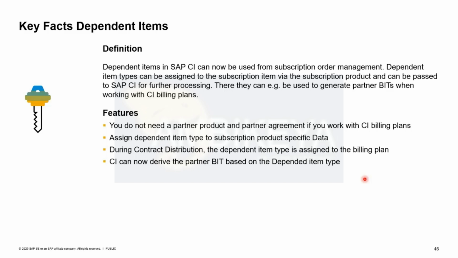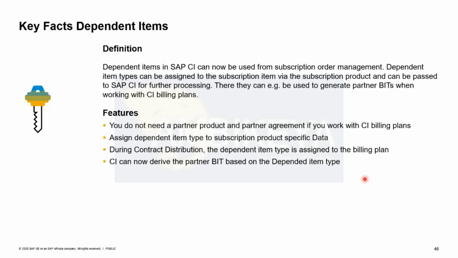So that's how, when you have a reference to a partner product or a partner agreement in a customer charge plan, we understood there is a partner linked to this transaction, and we used to create partner bits to share the revenue.